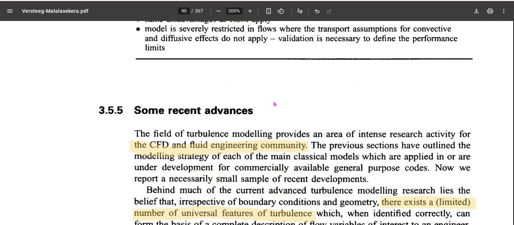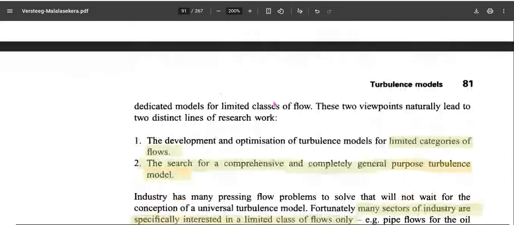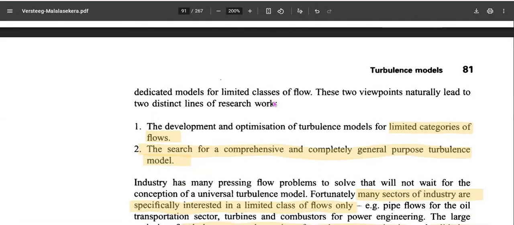Now there are certain recent advances developed based on two concepts. One is the development of turbulence models for a particular application, focusing on a limited category of flows. The other line of research aims to bring up comprehensive, completely general purpose turbulence models.